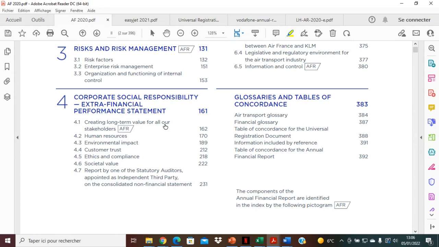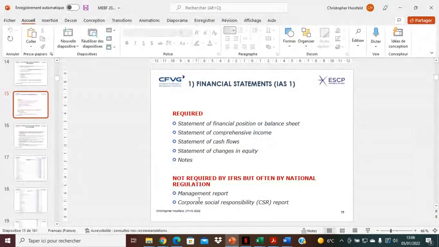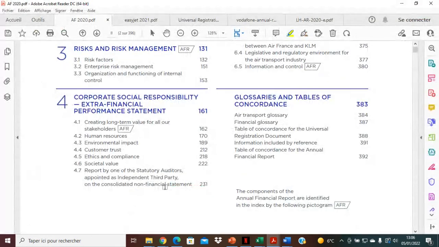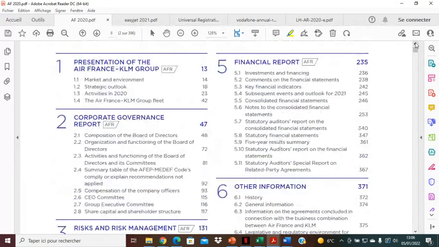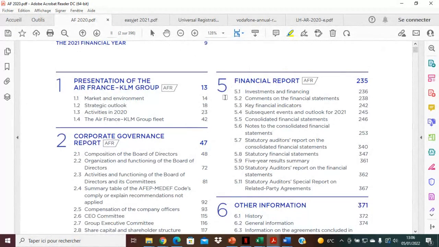As I said yesterday, although Air France does use IFRS, the CSR report is not part of the IFRS regulation. So the CSR report we see here from Air France is based on French, or should I say European legislation. So it's not an IFRS statement. And then in number 5, we have the financial statements, actually, with the consolidated financial statements of the Air France Group.